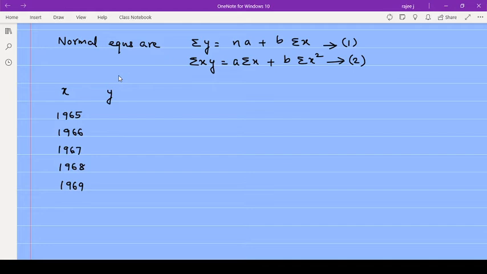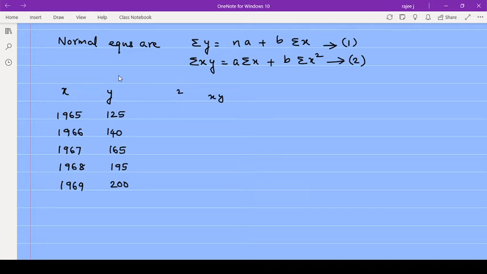Then y is 125, 140, 165, 195, 200. So we need x square and xy, and they will be very big numbers.